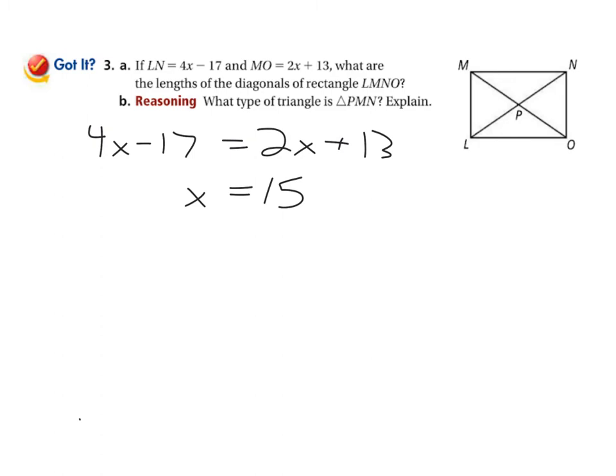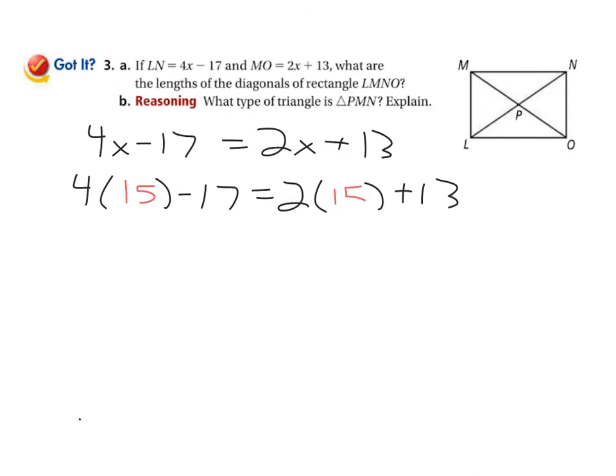And what I'm going to suggest is that since we're trying to find the length, and this describes the length of one diagonal, and this describes the length of the other diagonal, and they're supposed to be the same, you can plug that in, 15 in for both, and verify that you're getting the same number on both sides, and that number that you do get on both sides will be the length of the diagonal, since each side describes the diagonal's length.